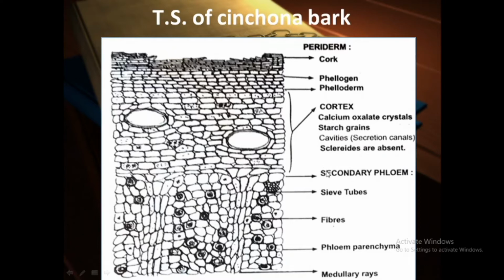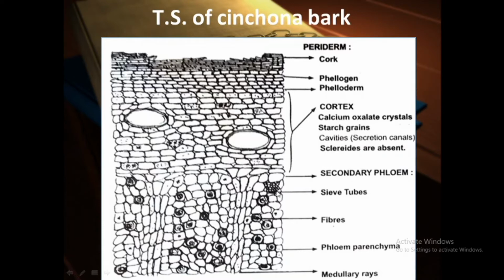Then the last section is secondary phloem. The secondary phloem shows the sieve tubes, then fibers, then phloem parenchyma and medullary rays. You can see here the sieve tubes.